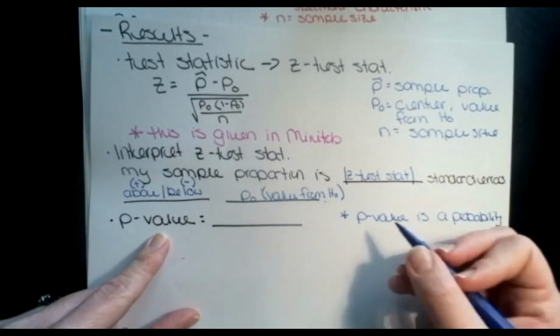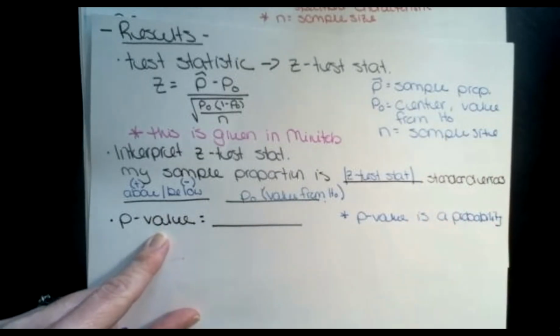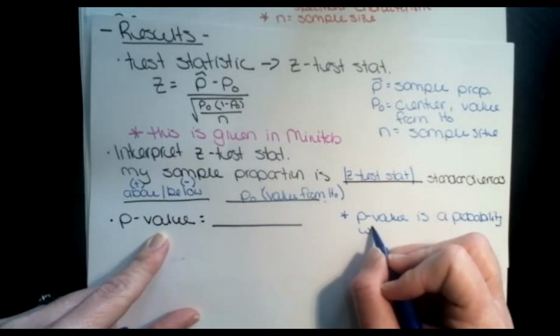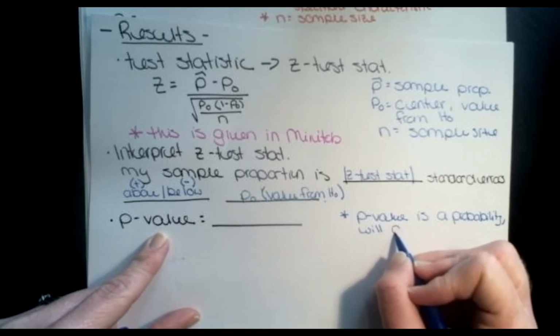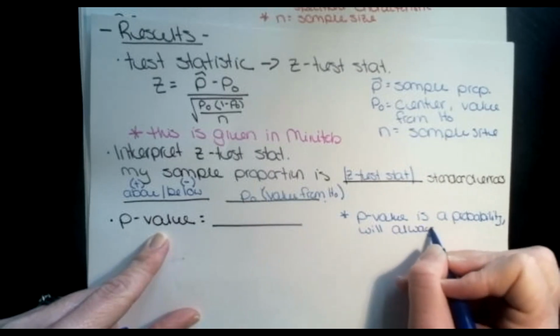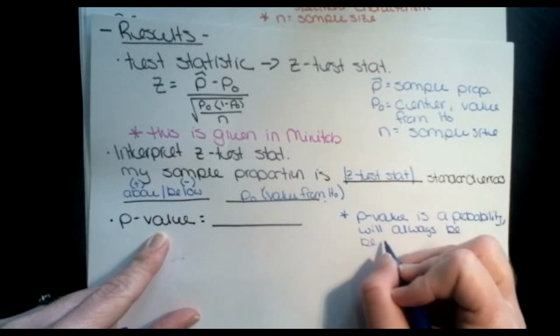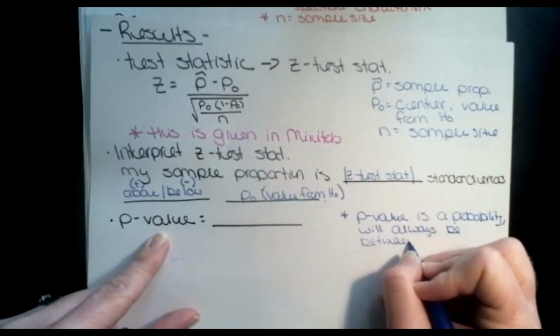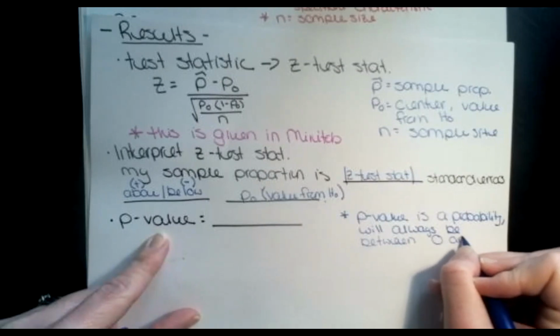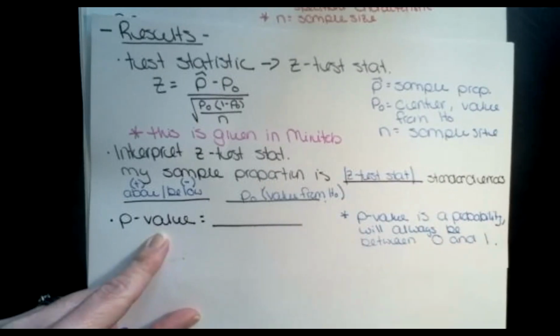Okay. And I want you to understand that P value, since it's a probability, will always be between 0 and 1.